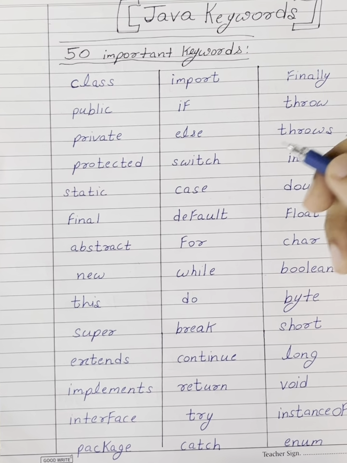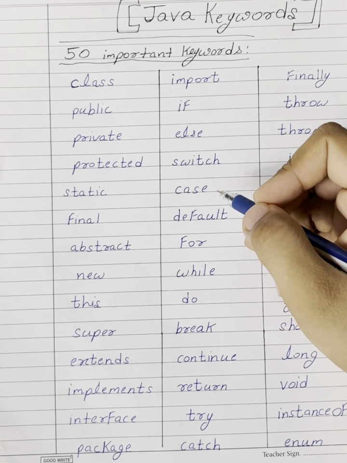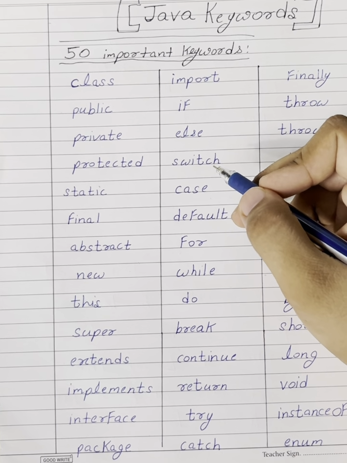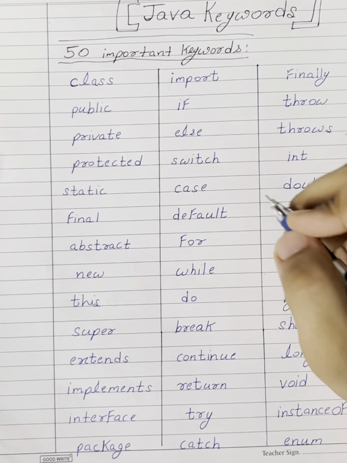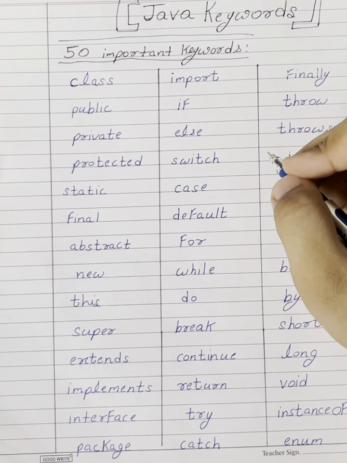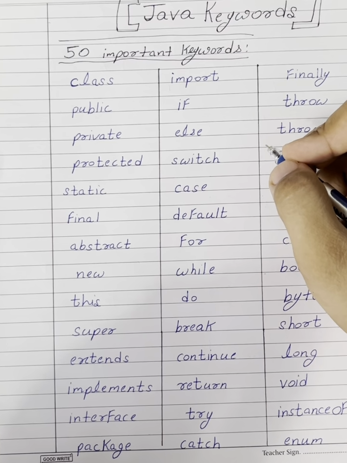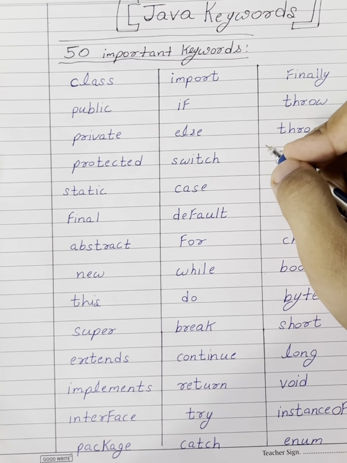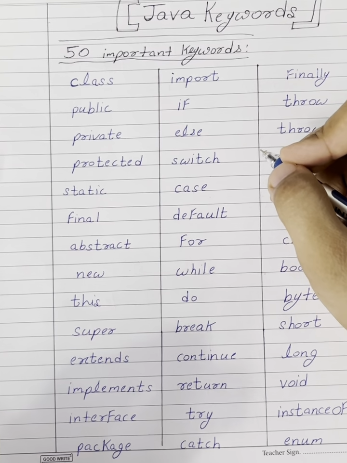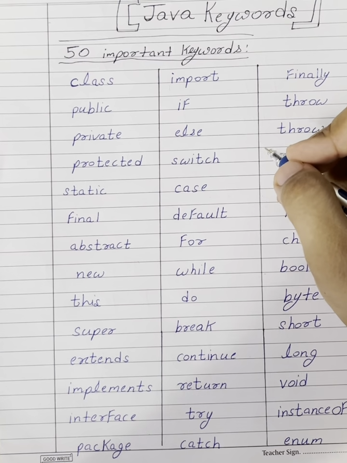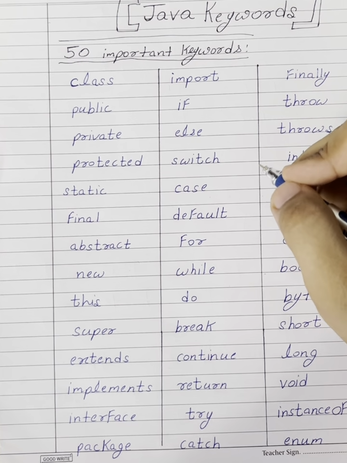Also, this switch keyword is commonly used for menu driven programs, command processing, and applications where one value determines multiple possible actions. Okay, so next is case. This case keyword is used inside a switch statement to define a specific value that the switch expression should be compared against. Each case represents one possible outcome, and when the expression matches a case value, the statements associated with that case are executed.